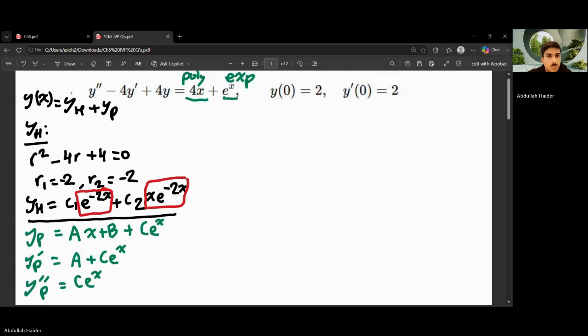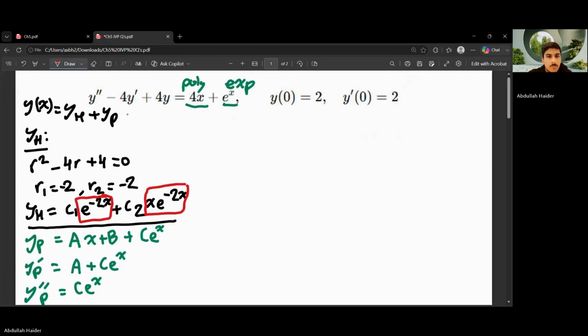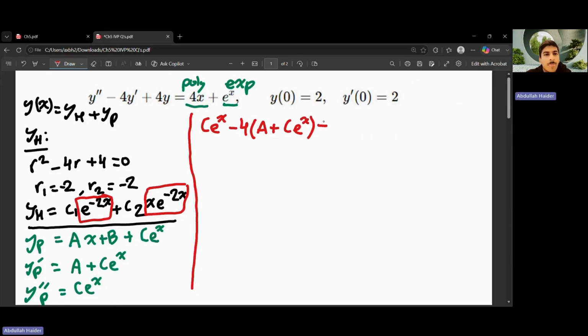So you have y double prime, which is c e power x, minus 4 times y prime, which is a plus c e power x, plus 4y, our original yp, ax plus b plus c e power x, and we equate this to what we have on the right side, 4x plus e power x.